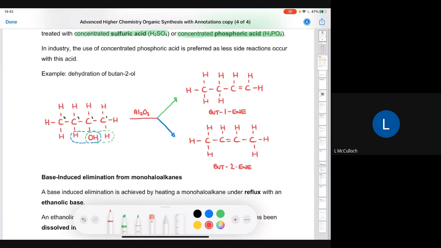So I'll give you guys a couple minutes to make sure that you've got that diagram copied in, and then we'll go on to look at base-induced elimination from monohaloalkanes.